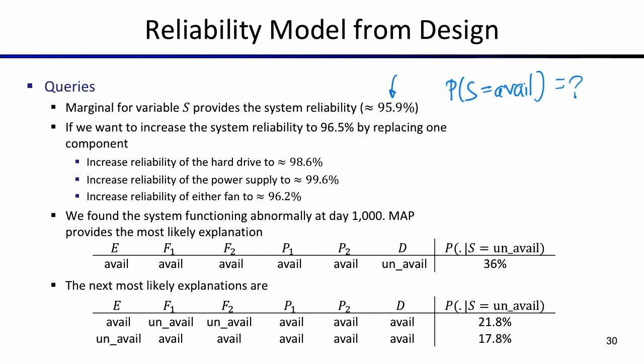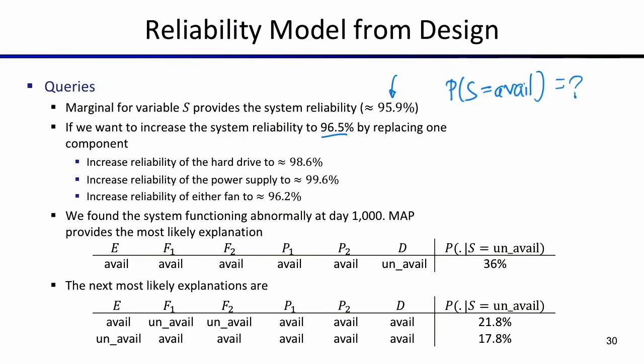So we can do what we call the sensitivity analysis to see which components we could replace in order to increase the reliability of the entire system. Let's suppose that you want to increase from 95.9% to 96.5%. That is a small increase in the system reliability.